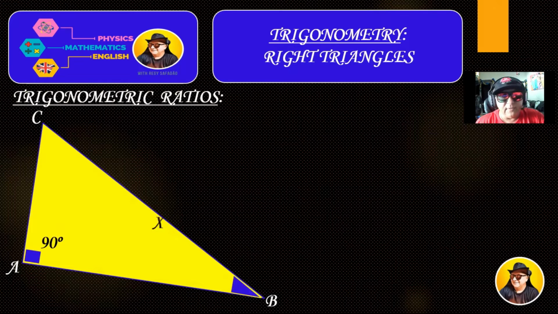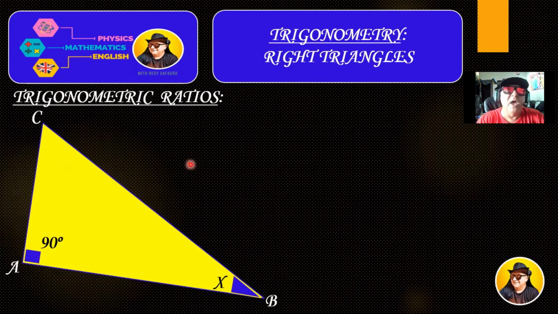Well, let me get a laser pointer here in order to point things out better. Okay, so this angle right here is angle X. So things are going to happen according to this angle, all right? Well, you already know that this largest side is the hypotenuse and the other sides are the legs.